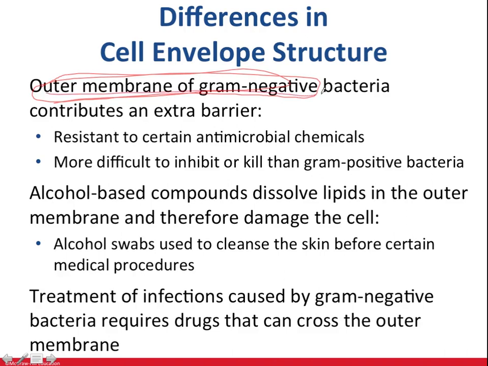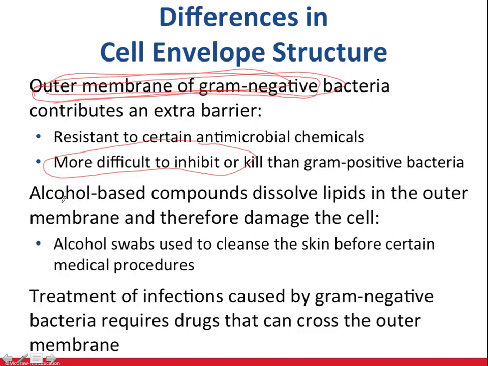This layer can protect the bacteria from being killed. That means gram-negative bacteria are more difficult to cure with antibiotics than gram-positive cells, because they have another layer to protect themselves.